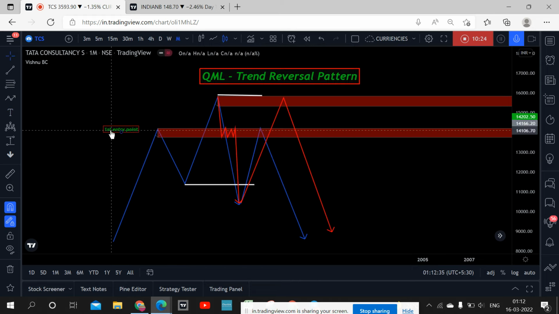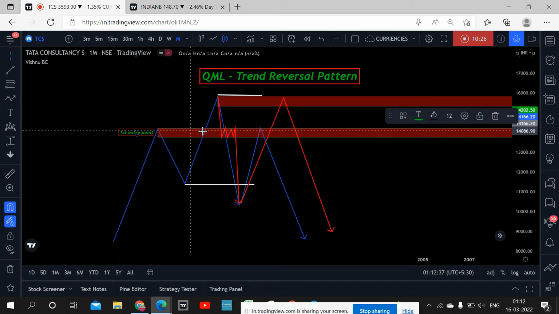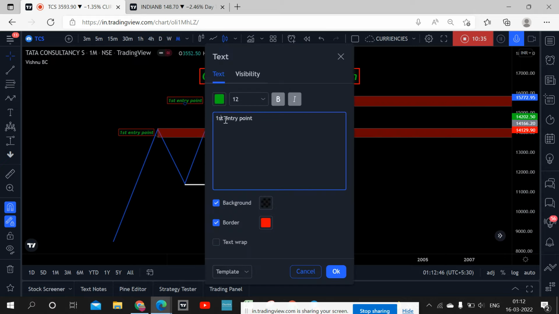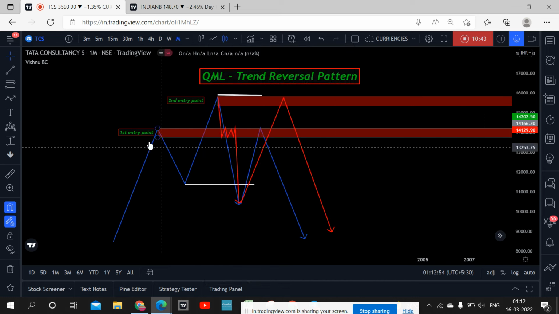So as per logic, this is your first entry point or first entry level. Okay, these are the two entry points.